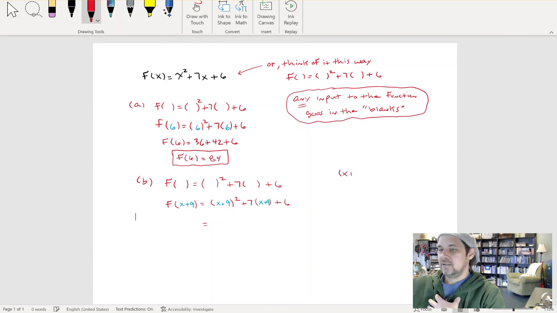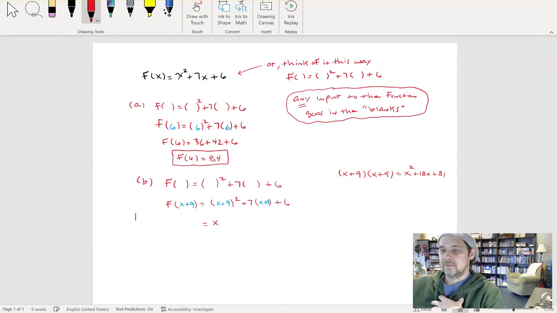X plus 9 squared, by the meaning of the word square in math, is x plus 9 multiplied by itself. If you use FOIL and multiply it by itself, you'll get x squared plus 18x plus 81. That's x plus 9 squared. I can work that out.